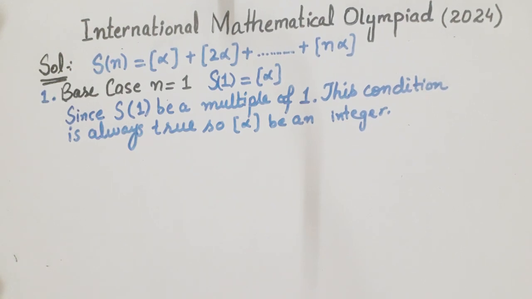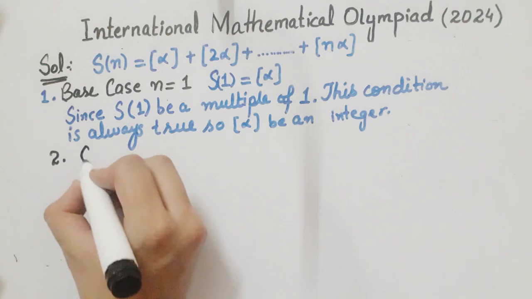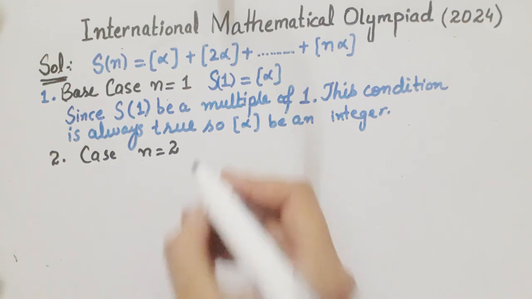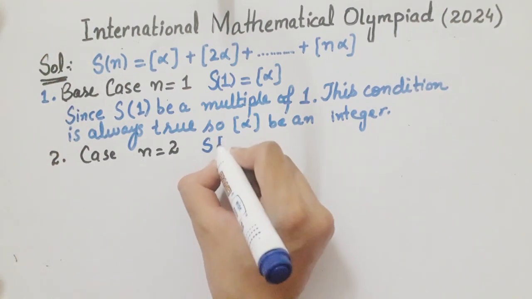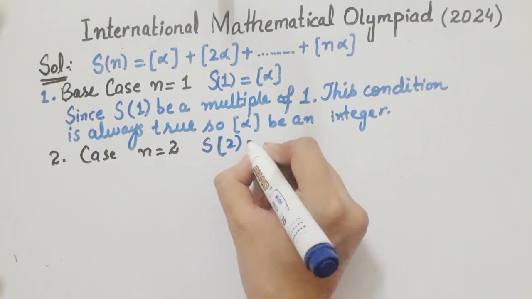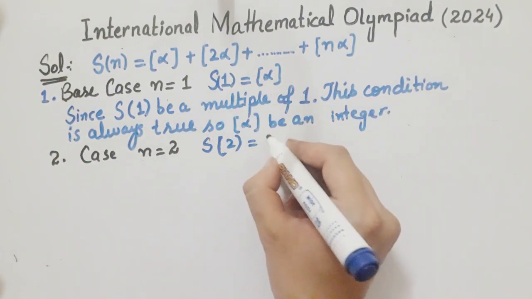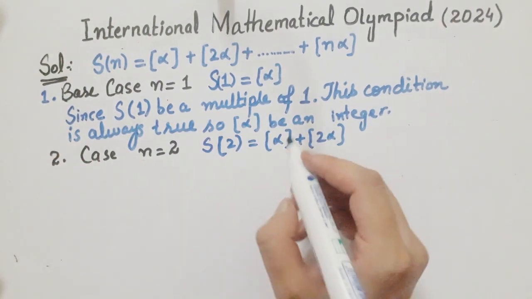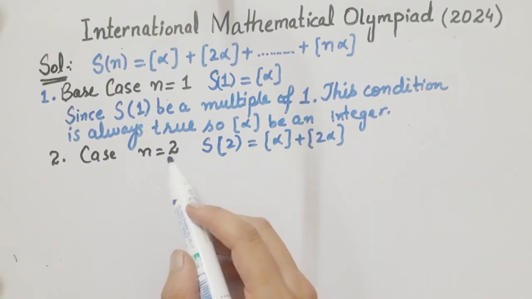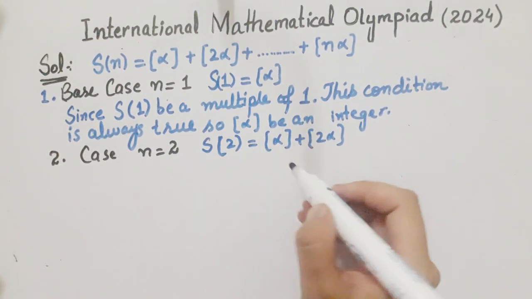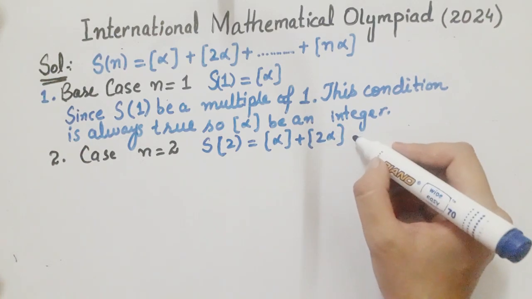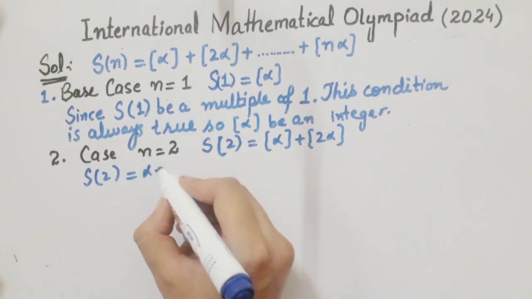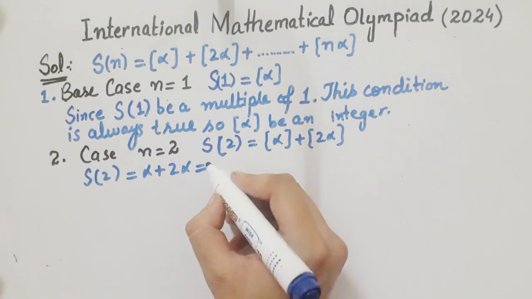Now we will do this for the case n is equal to 2. So for n is equal to 2, we will find that S of 2 is equal to floor(alpha) plus floor(2 alpha). The sum should be a multiple of 2. If alpha is an integer, then S of 2 becomes alpha plus 2 alpha, which is equal to 3 alpha.